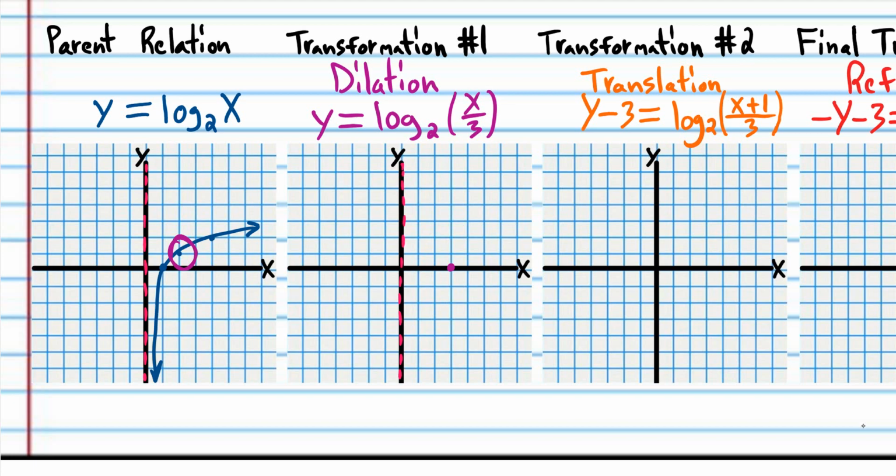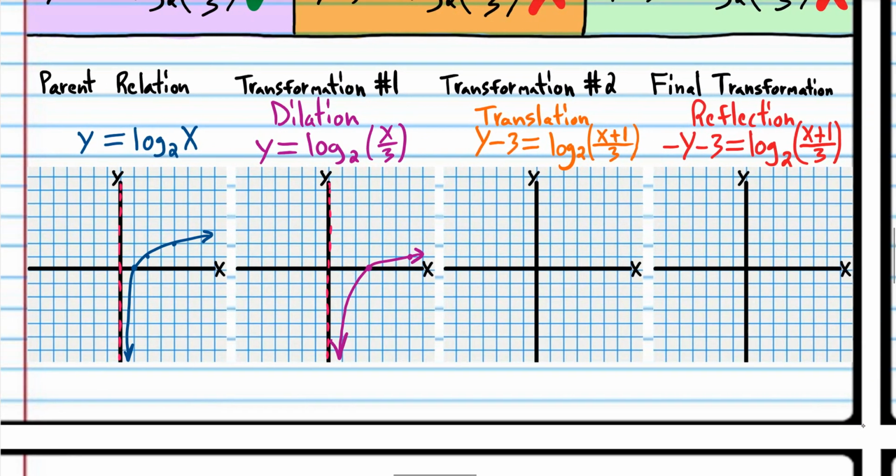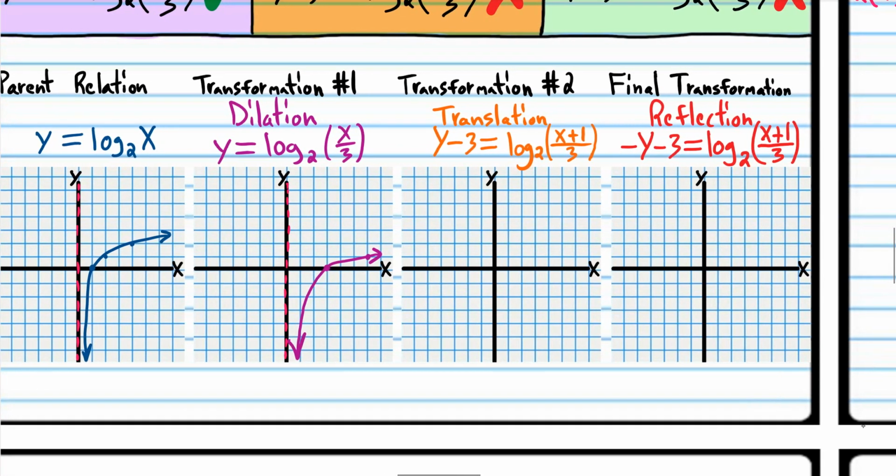The x value of this point is 2, so multiply by 3, we get 6. So that point went there. And then we can connect the dots. And don't worry about points in this region here. We don't have to get that detailed. Okay, so that was a horizontal stretch. The graph's a little clunky there, but that's okay.